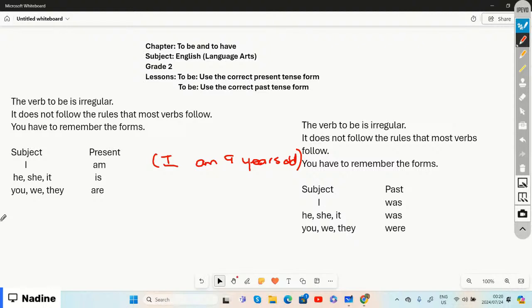All right. And like we said, if we refer to he, we refer to she, because it's one person, we're going to use the word is. Because one person or one thing is, and more than one person, more than one thing are. So more than one thing are, one thing is, right?